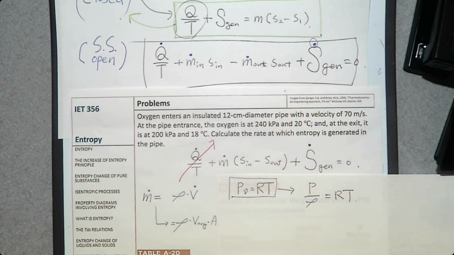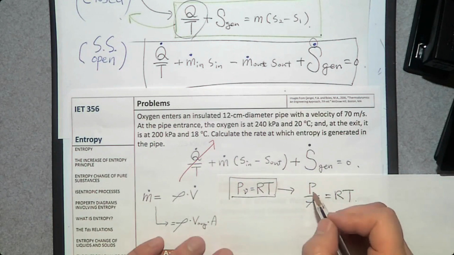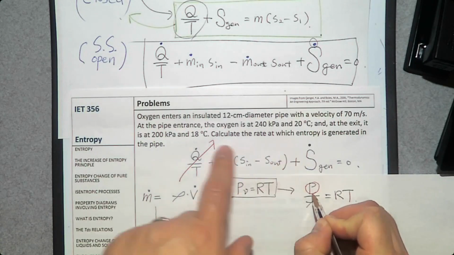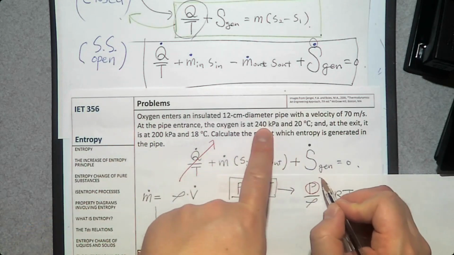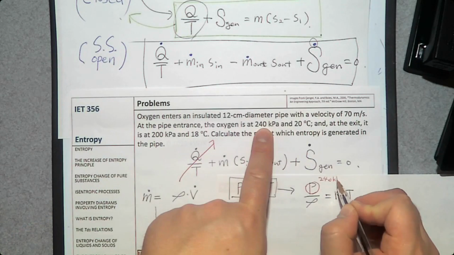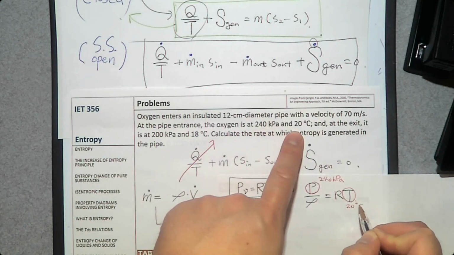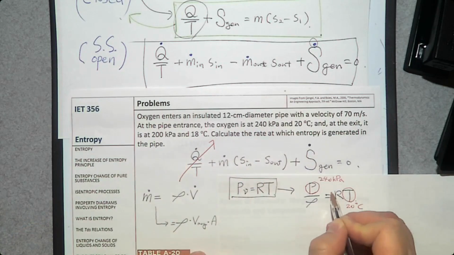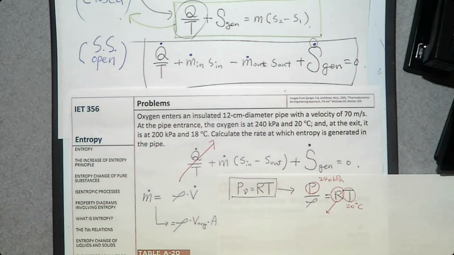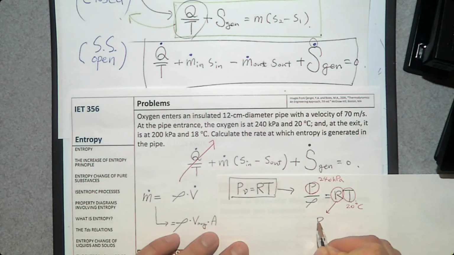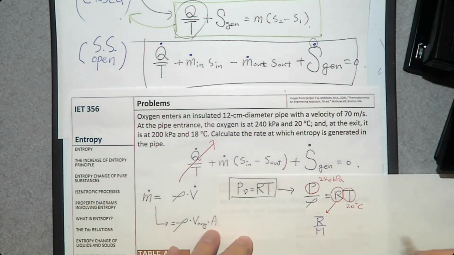Okay. Then what is P? 240 kilopascal. What is T? 20 degrees Celsius. What is R? It is not given, but you can calculate R by the universal gas constant R bar divided by molecular weight M. This M is not the mass of the system.